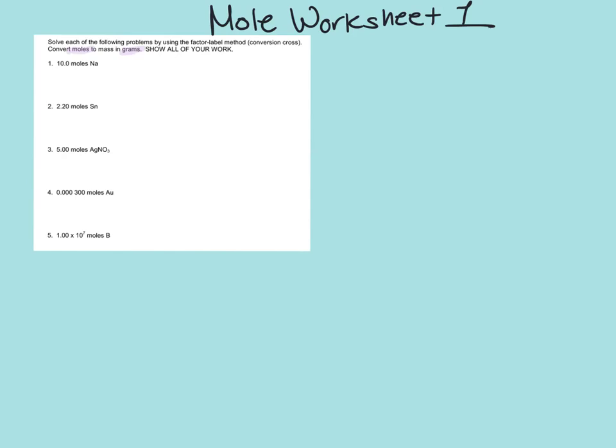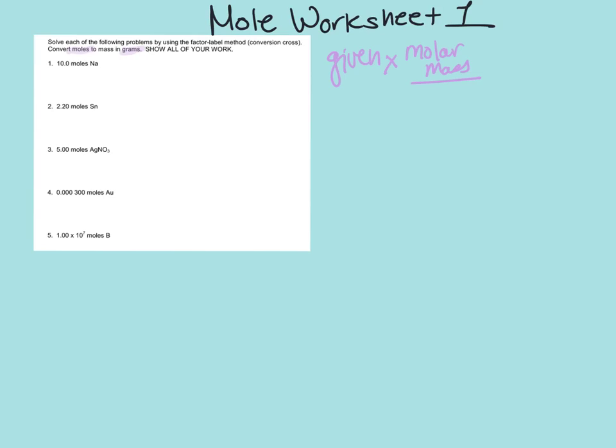Okay, so the general form for converting moles into grams is you always start with your given, and whenever you see grams, you should be thinking periodic table, because the molar mass in grams is found on the periodic table. So you're going to take the given, and then multiply it by the molar mass, which is on the periodic table.